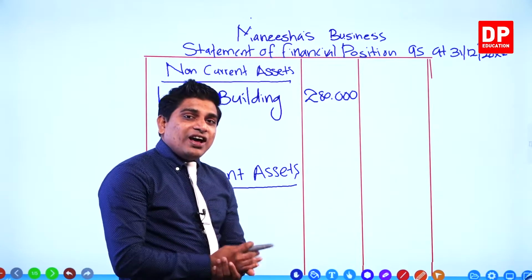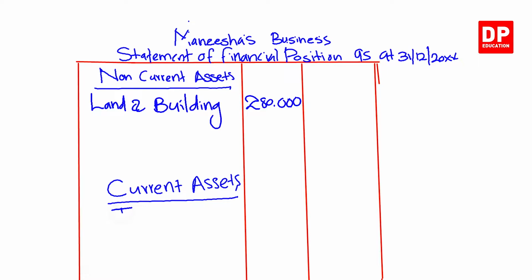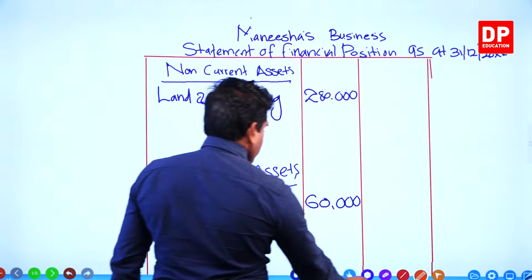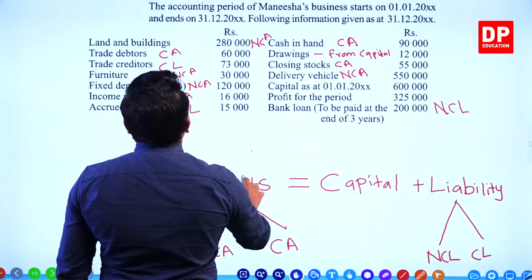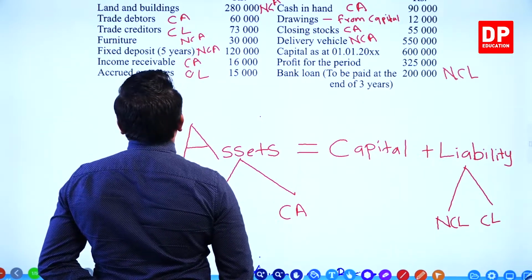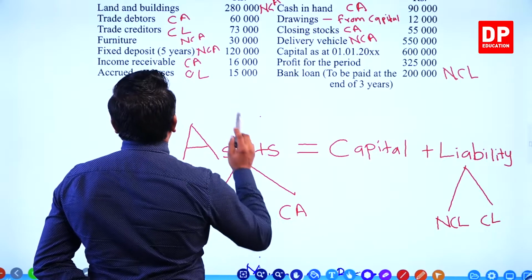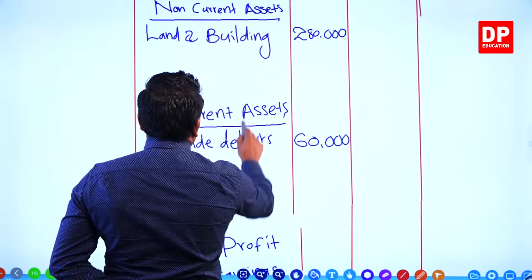Remember, trade debtors we put under the current assets, right? Trade debtors, how much? They have given 60,000. Okay. Now we go to the other details. Then trade creditors 73,000, furniture 30,000.